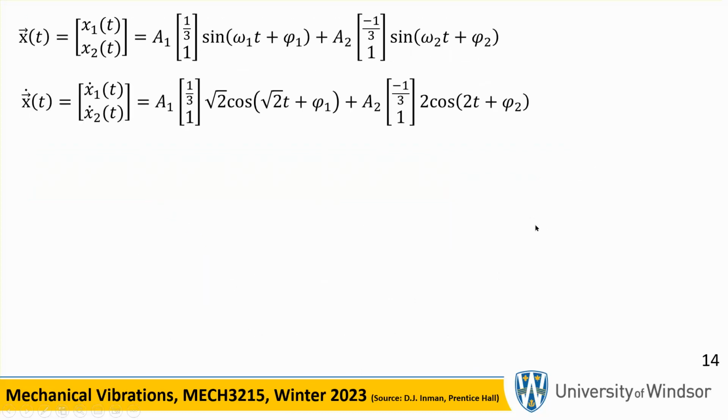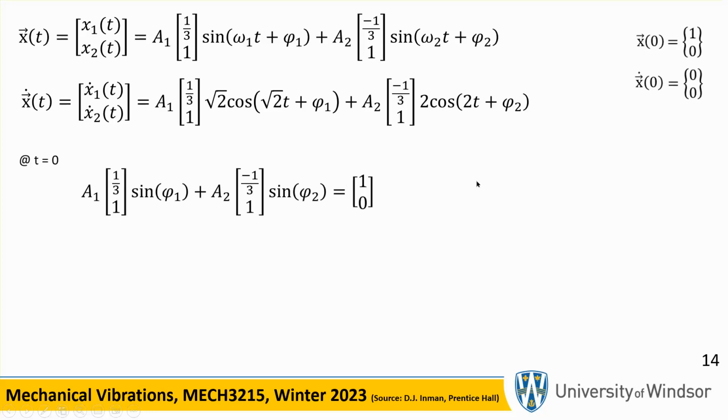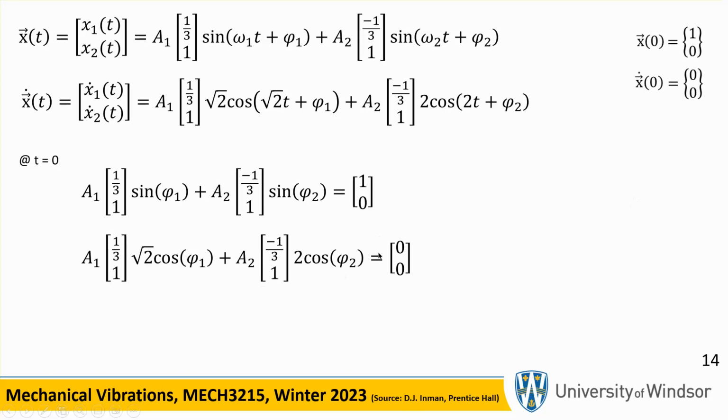Okay, this is the derivative. At t equal to 0, this whole thing reduces to this, which is 1 and 0, and this whole thing, when t is 0, is 0 and 0, which is this.